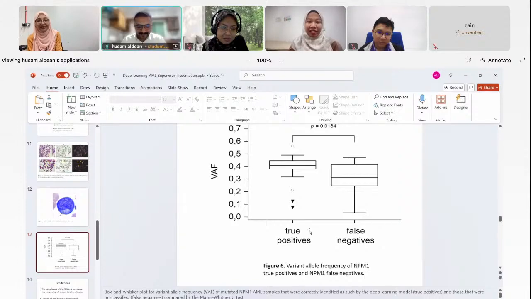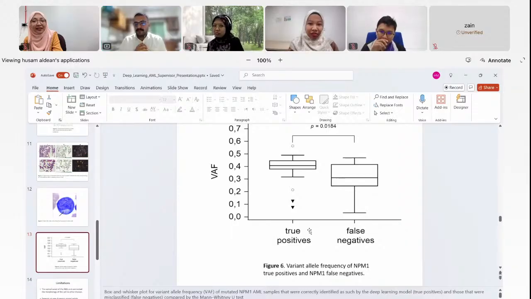So the difference is false negative is wild type and true positive is mutated. No, true positive and false negative are both NPM1 mutation cells, but the false negative is misclassified by the classifier as wild type NPM1 because of the low variant allele frequency.